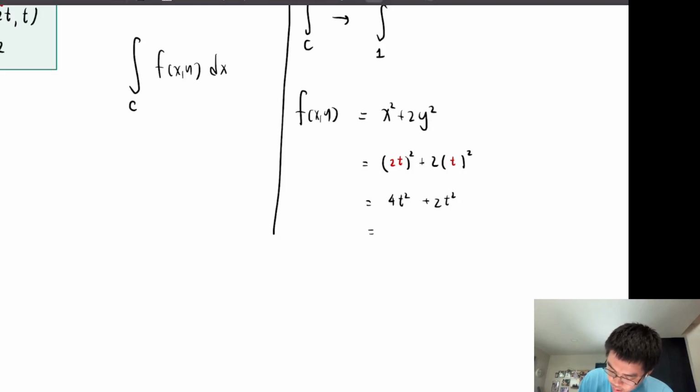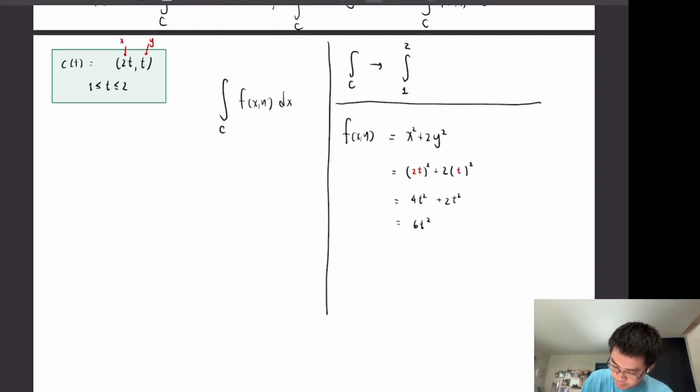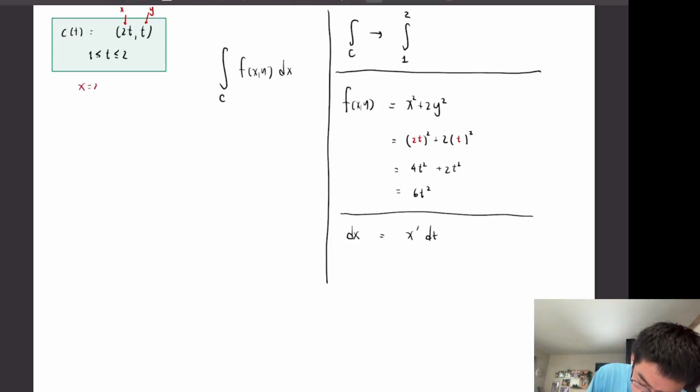So in total, we get 6t squared. And last but not least, dx will be x prime dt. But we know that x equals 2t. If you differentiate 2t, t becomes 1, 2 stays as 2. So it's going to be 2 dt.